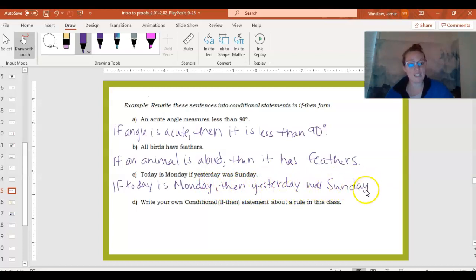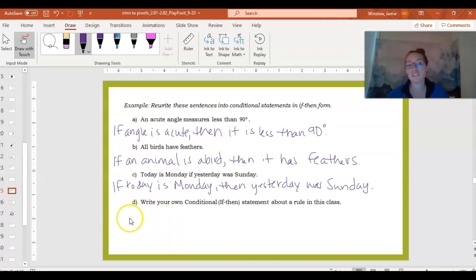So hopefully you're seeing how to do this. We're just turning a statement into that if-then conditional form. And conditional means the truth is conditional. It's based on the hypothesis. So it's only going to be true if the hypothesis is true, right?